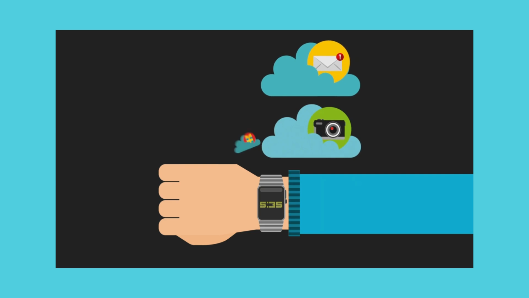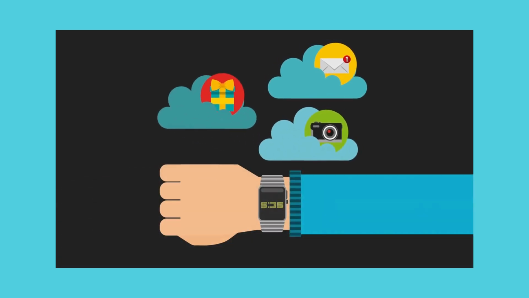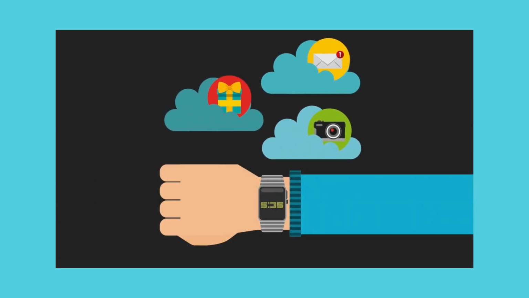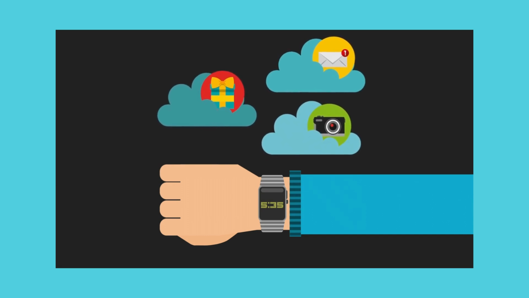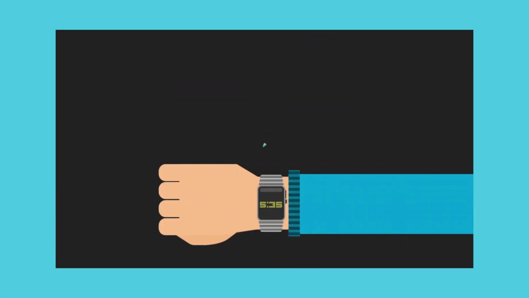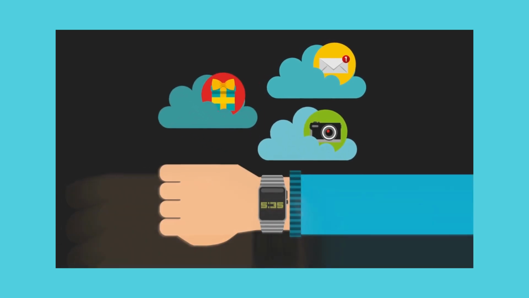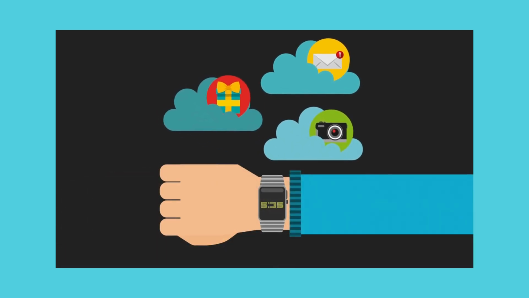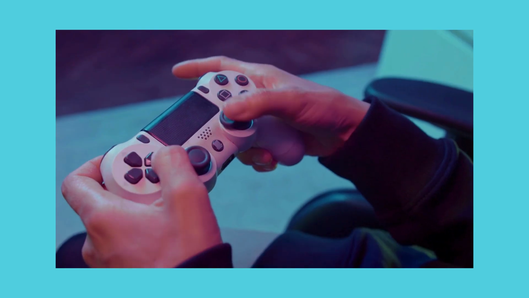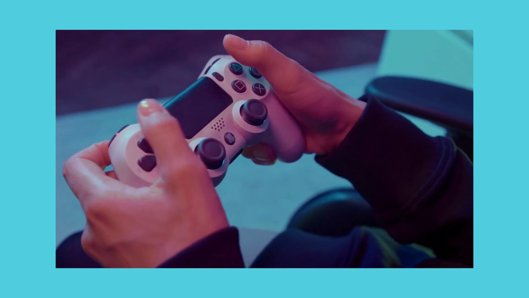We have the other one called wearables. Wearable technology is a general term for a group of devices, including fitness trackers and smartwatches, that are designed to be worn throughout the day. These devices are often called wearables for short. There's another one we call the game consoles.